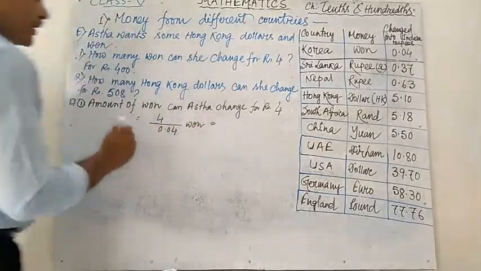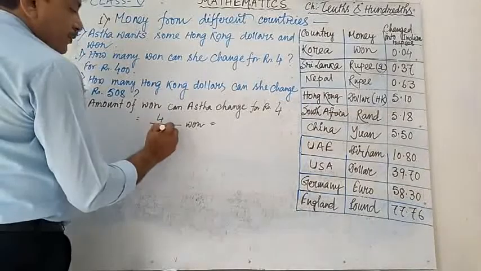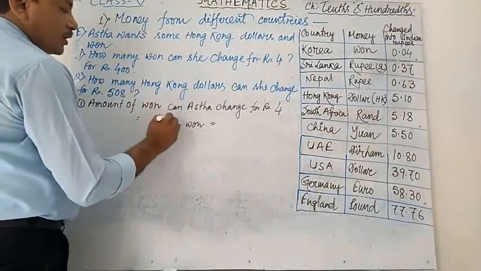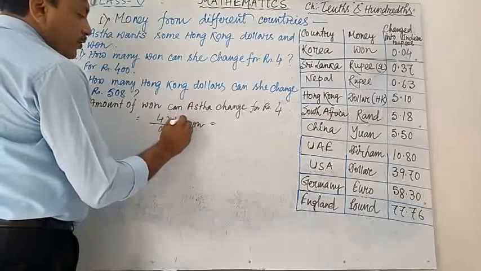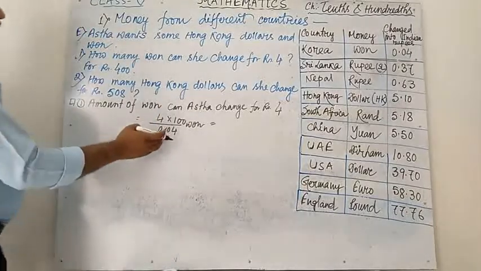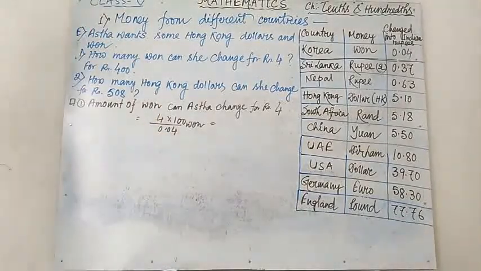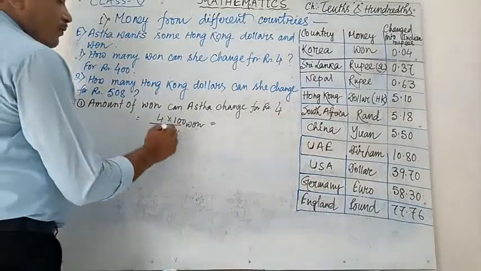If you remove the point, you will get 100 here, as there are 2 digits after the point.